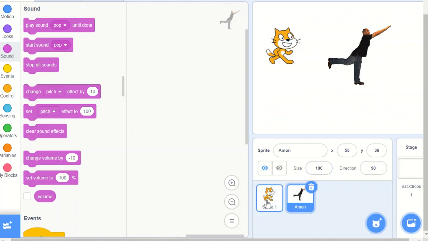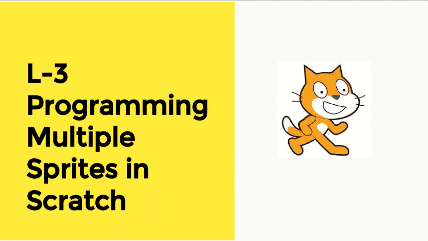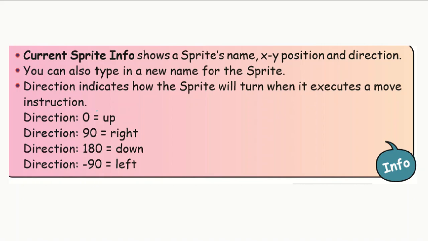To get this information about any sprite, we simply click on that sprite. So we have learned that the current sprite info tells us about the sprite's name, its XY position and direction.